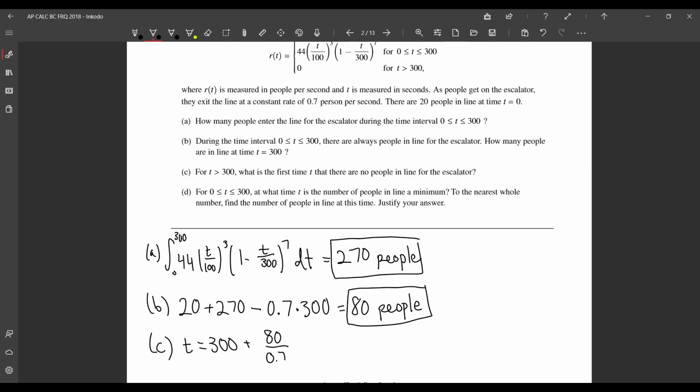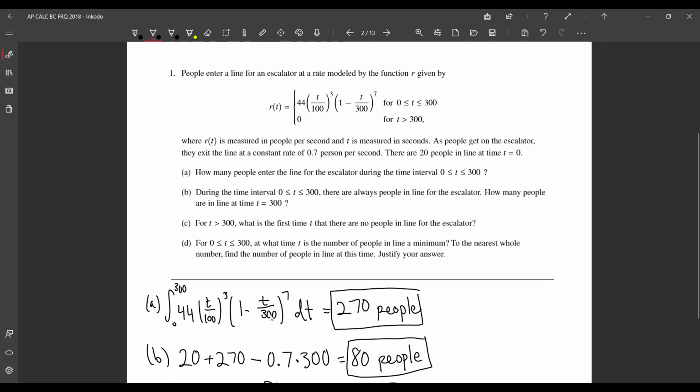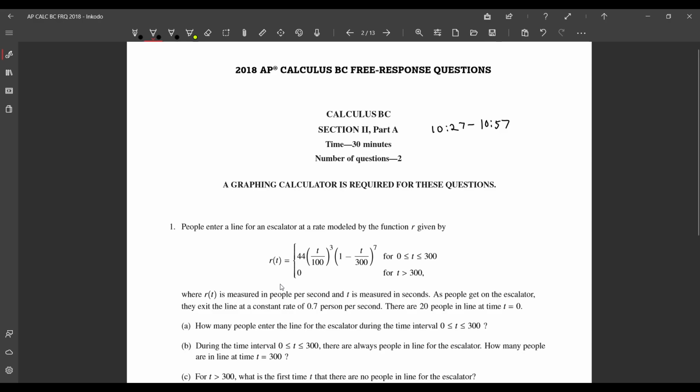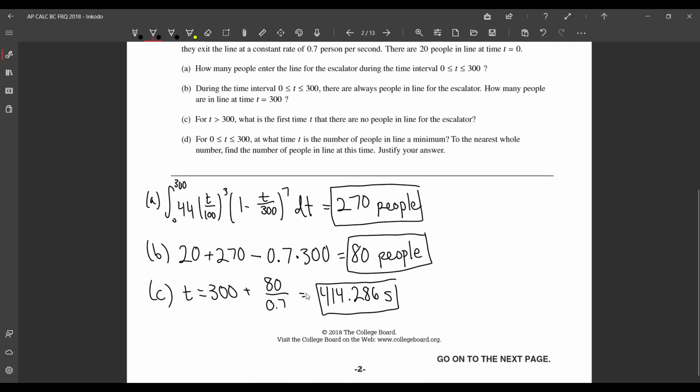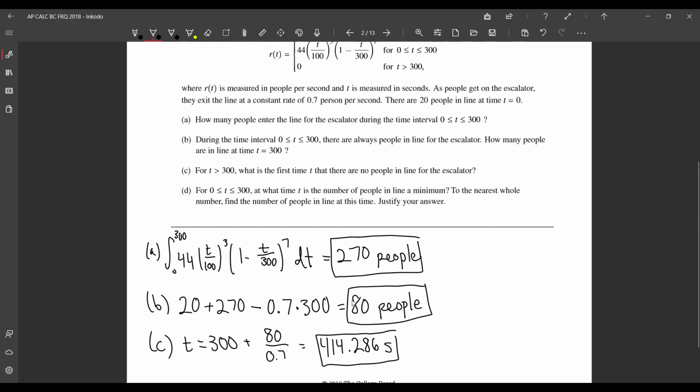So the units here cancel, and this is going to give us 414.286 seconds. I remember the calculus teacher at my school said something about how many decimal places they typically wanted, and I forgot the rule for that, but I'm just gonna do 3.